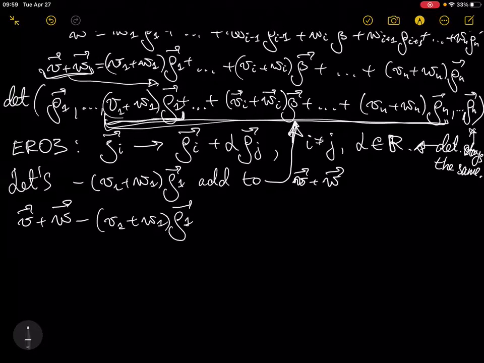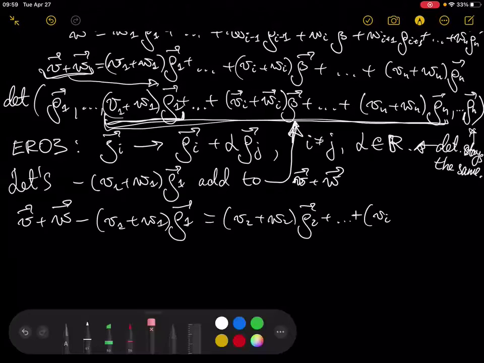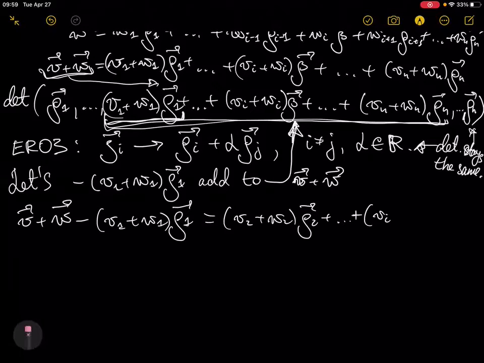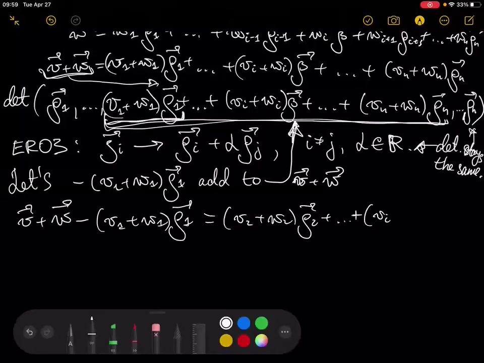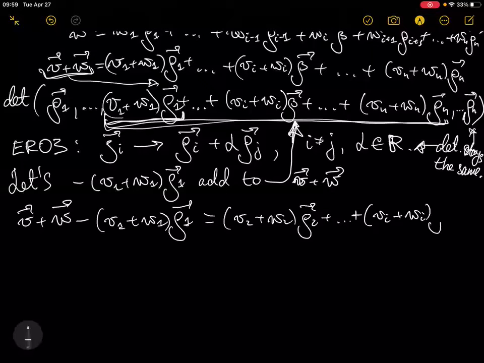So it will be everything else: V2 plus W2 row 2, Vi plus Wi beta, Vn plus Wn rho n, right?